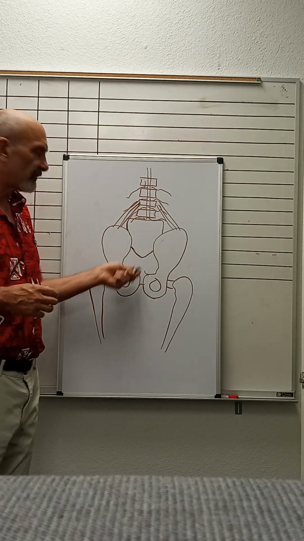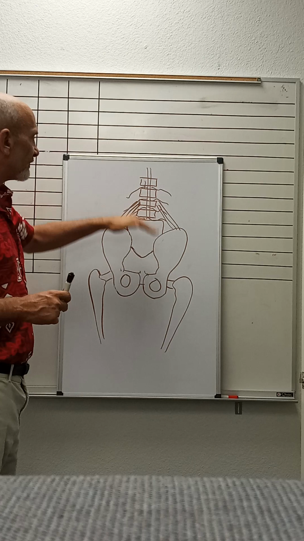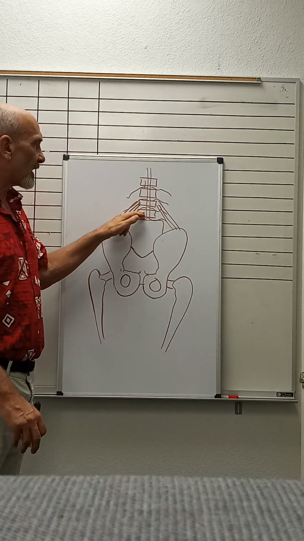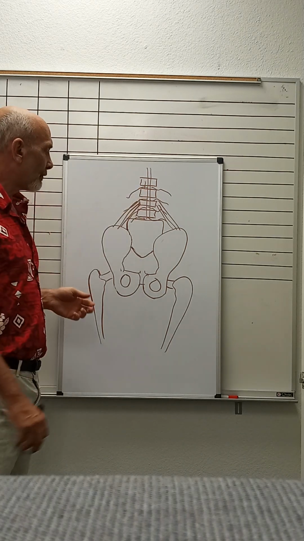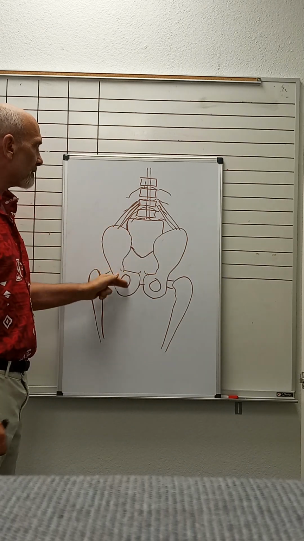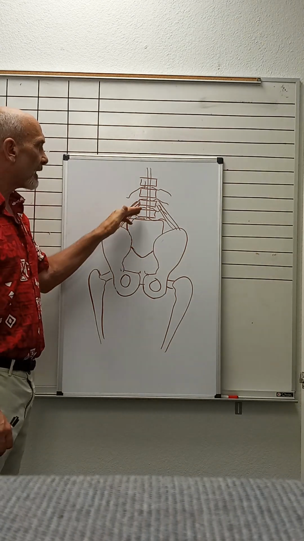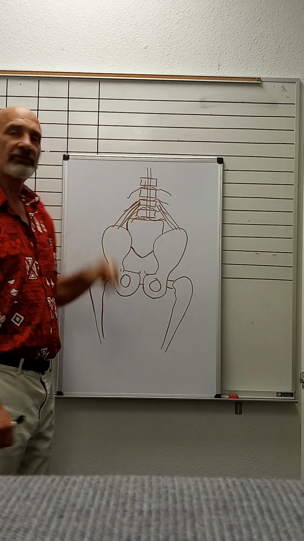The pubic bone is a centering mechanism. If that's wrong, that can disrupt everything that sits around it. So we don't just want to be checking to see if these vertebrae are straight. We want to know if the pelvises are right, the hips are right, the pubic bone is right, the sacrum is right. All of those have got to be right as well as the spinal vertebrae. Or else I could just adjust the spinal vertebrae.